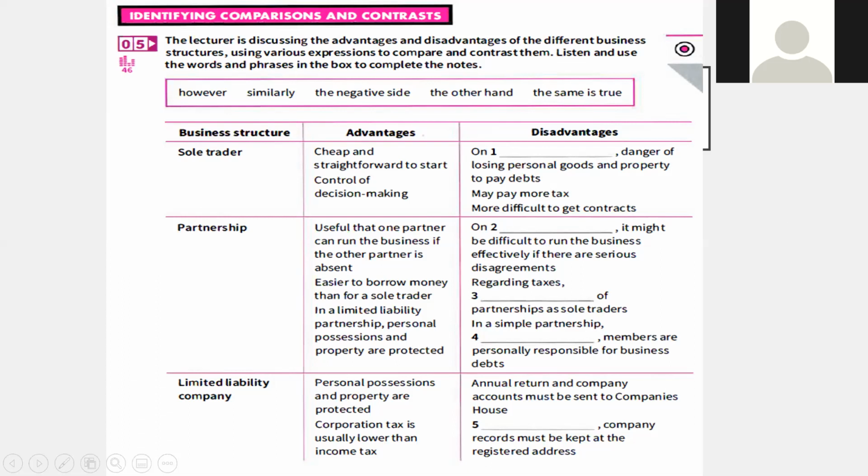Can you see it clearly, Zainab? Yes, it's clear. Great. So you can check.